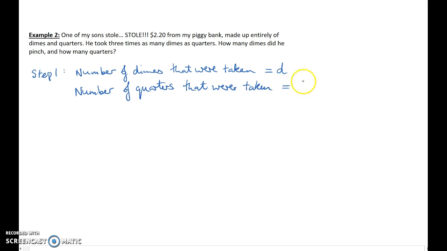And that is Q. We'll let Q be the number of quarters that were taken.